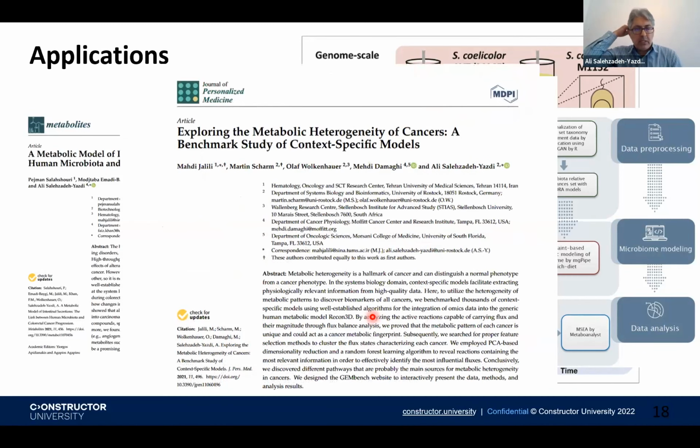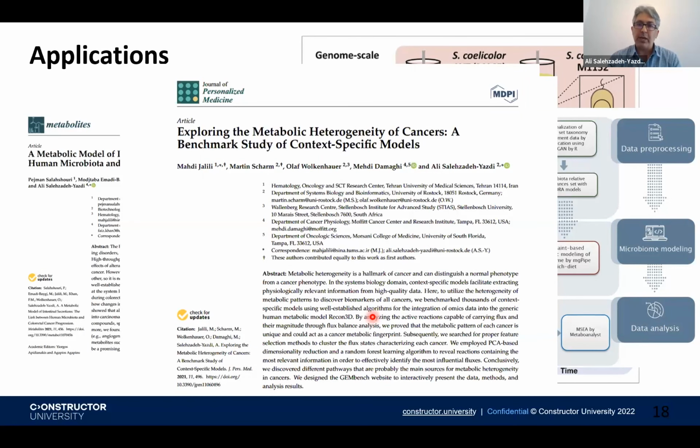So one of the studies that I just want to go into the details of is about the heterogeneity of metabolism in cancer, where we used the genome-scale metabolic model to see how patterns of metabolism are different within cancer.